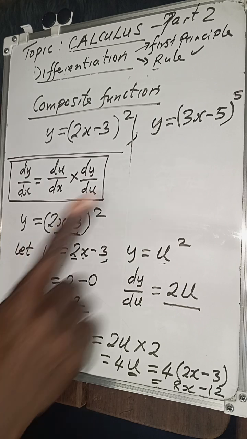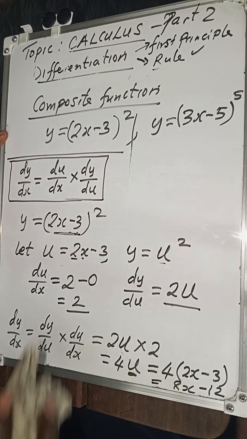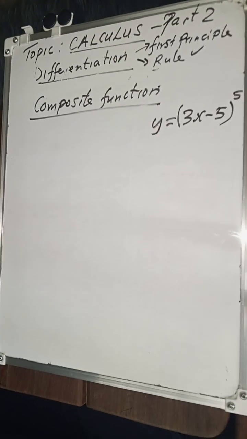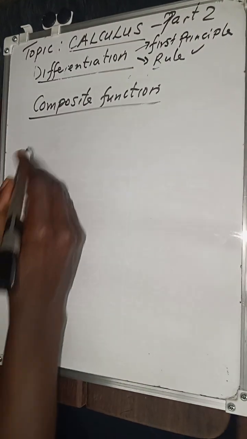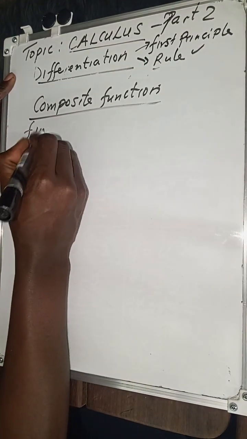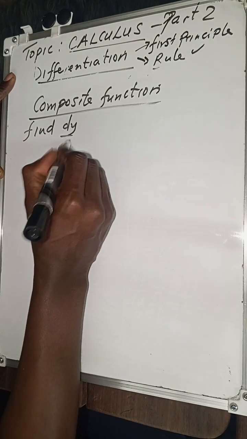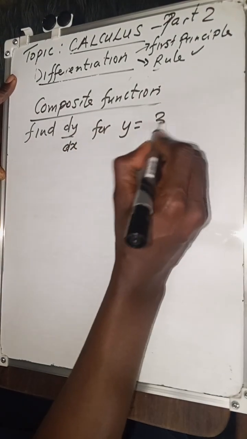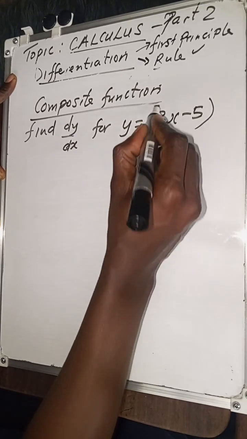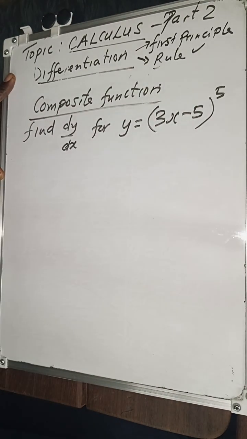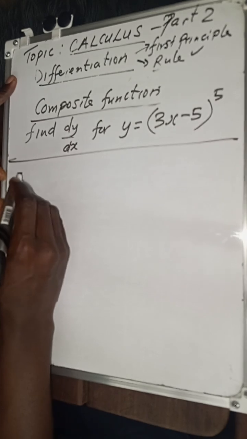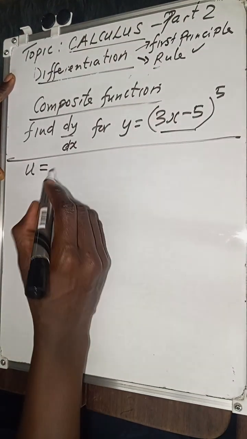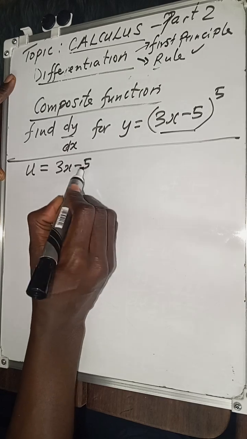Well, let's use that other example again so that we try to show you how to treat composite function. Suppose they tell you to find dy over dx for y is equal to (3x minus 5) raised to the power 5. Of course, your u will be equal to the expression there, which is 3x minus 5.